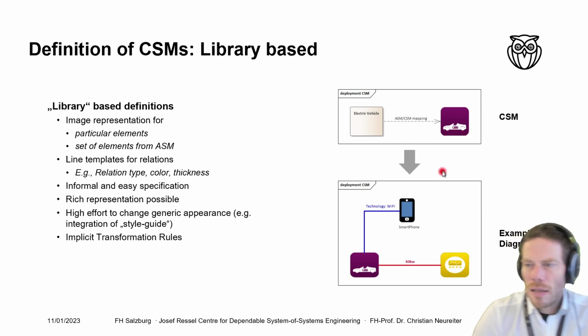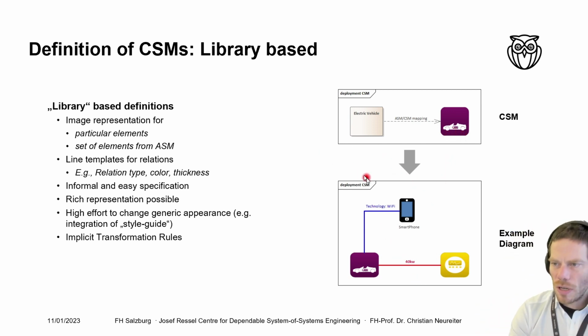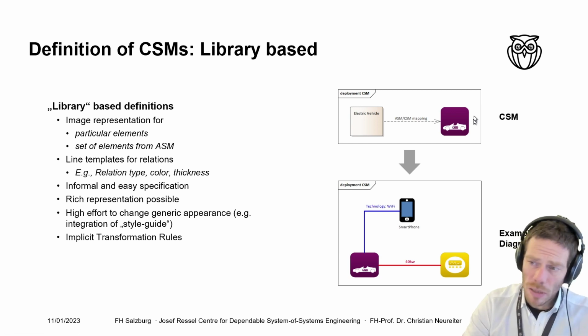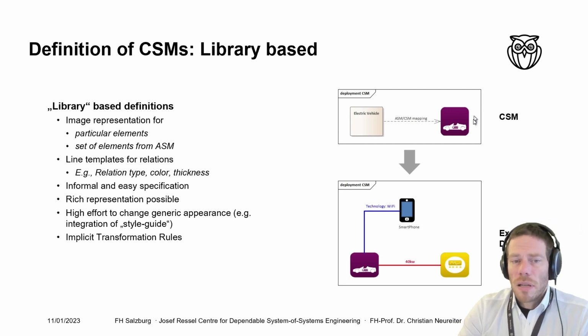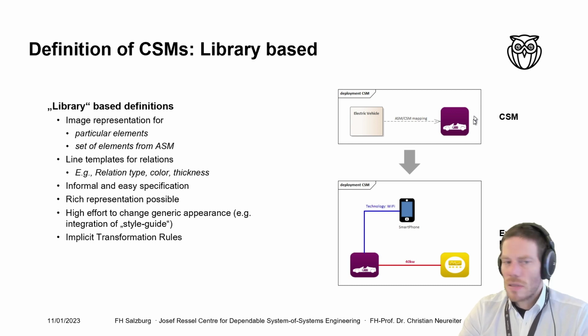Then later in the application, in a diagram, the modeling element that we use appears like the picture that we have defined in our meta model. This is the most simple approach. It comes with the benefit that it's very simple, but with the drawback that if you want to change a particular style, it's a little bit more effort.